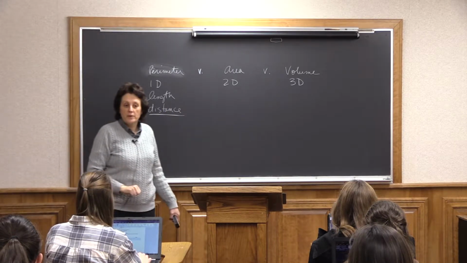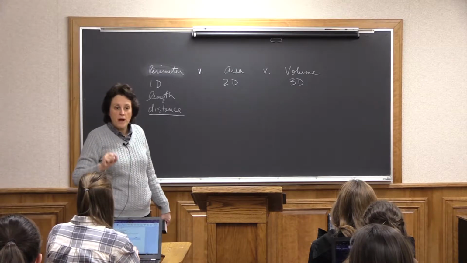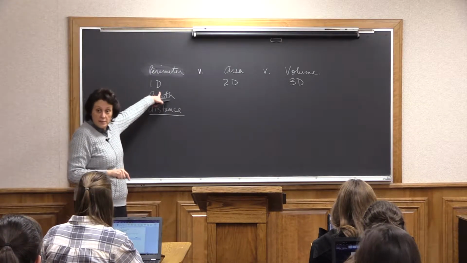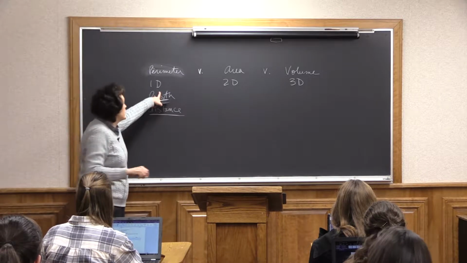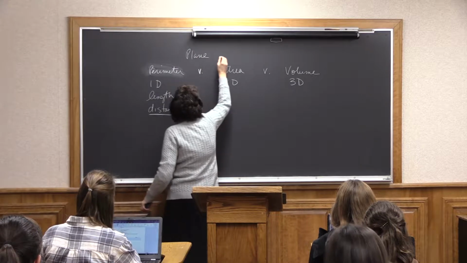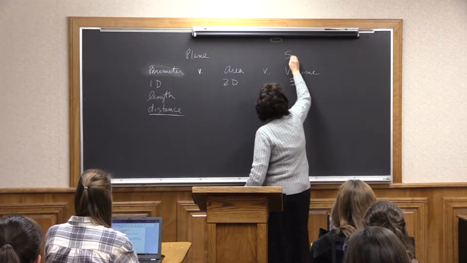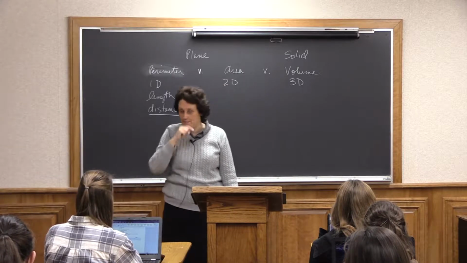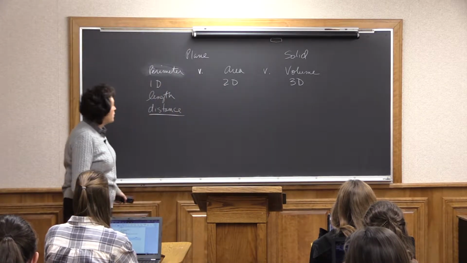What is perimeter? The distance around a plane figure. And since this is only one-dimensional, it can be in a plane. So these two are plane geometry. This is solid geometry. It's not possible to have three dimensions on a plane. So what about area?